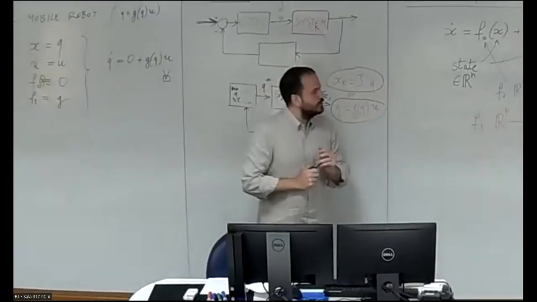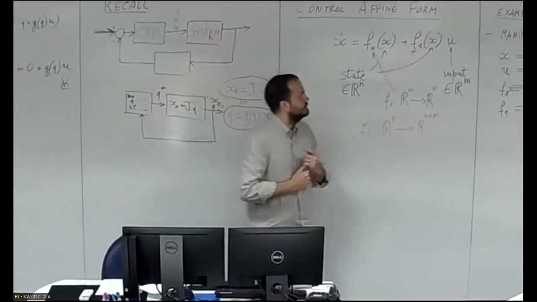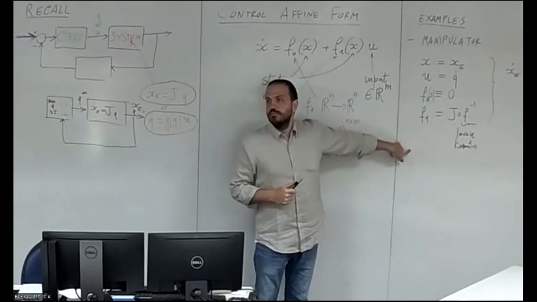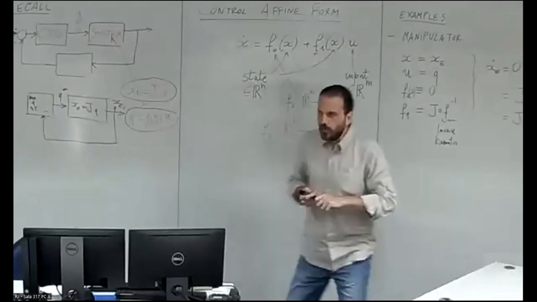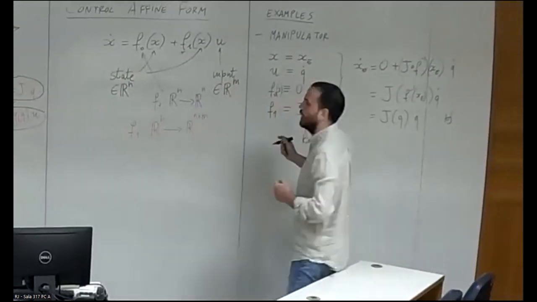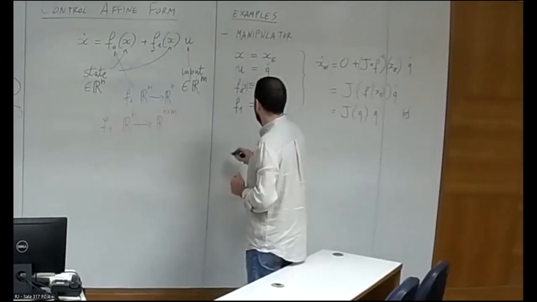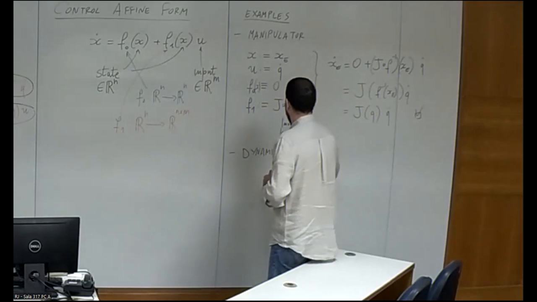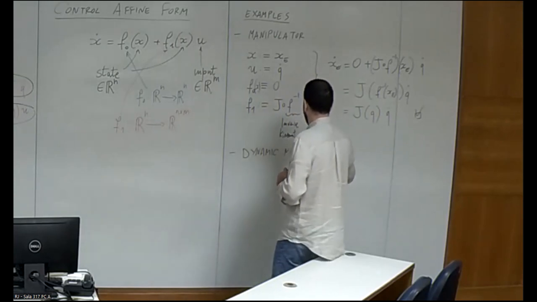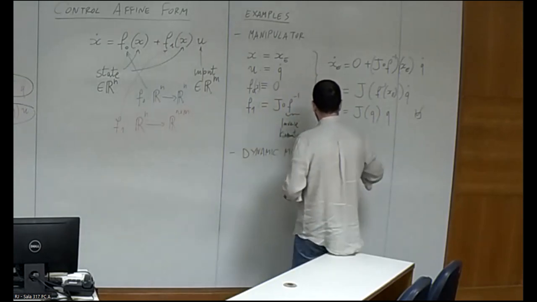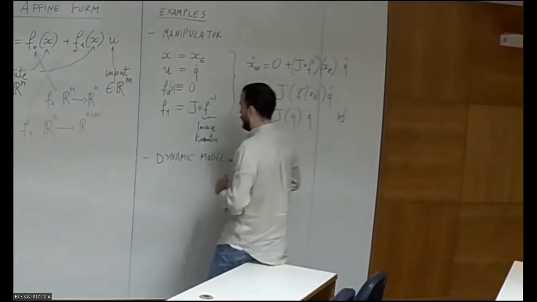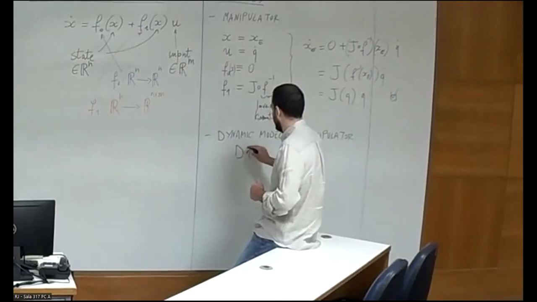In the notes, I also have the example for the dynamic model of a manipulator. The one that we didn't talk about in class, but it's in lecture 1. So this is the dynamic model of manipulator. And that's what can be written as this.